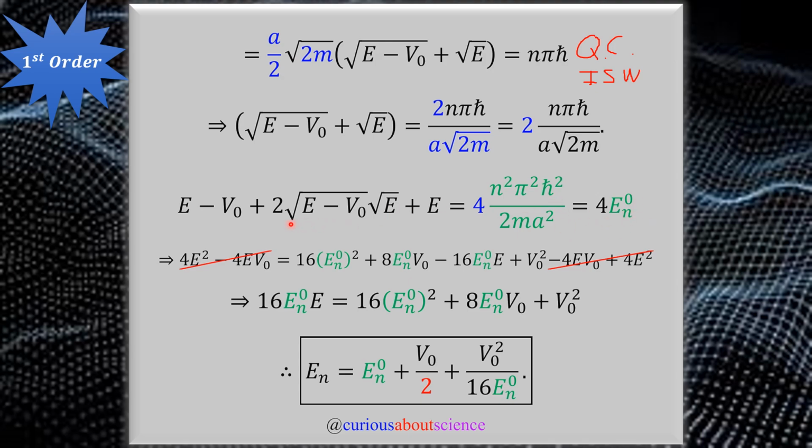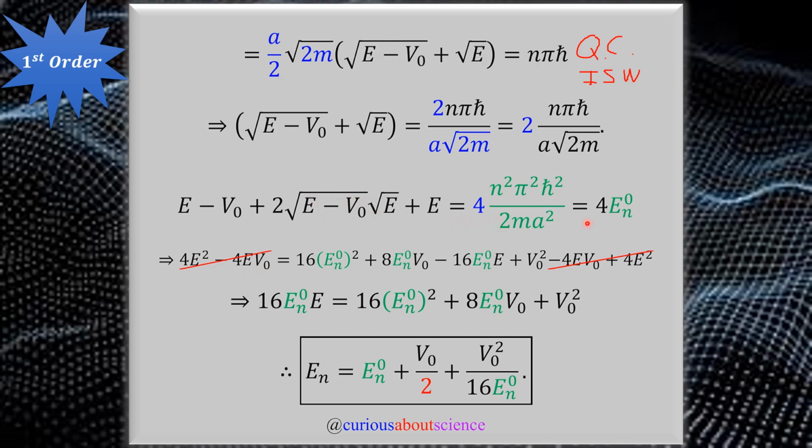Now again, because these square roots are here, we have to put this E, that E, and this V naught over to this side and square both sides. Once that's done, we get 4E squared minus 4E V naught, all from this distribution.